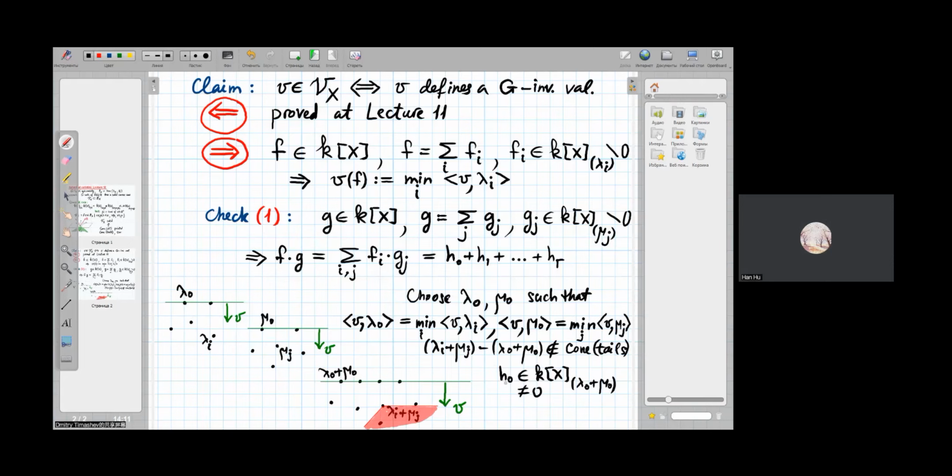And this projection cannot be cancelled with any other projection because of this third condition.